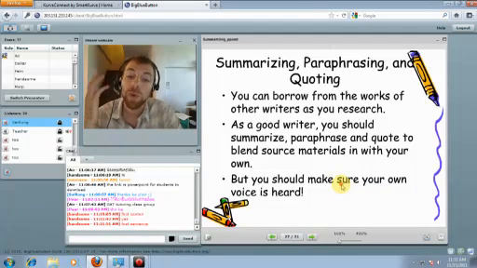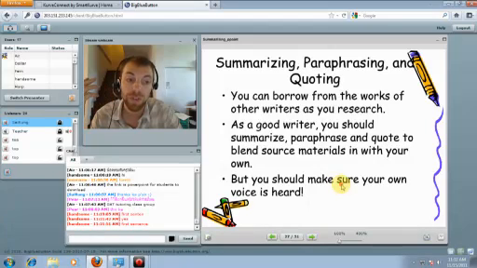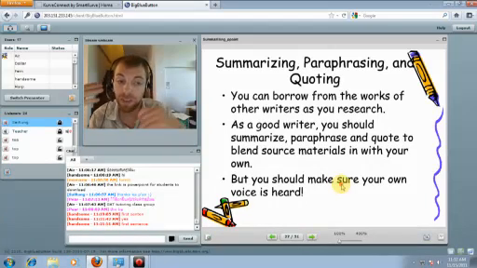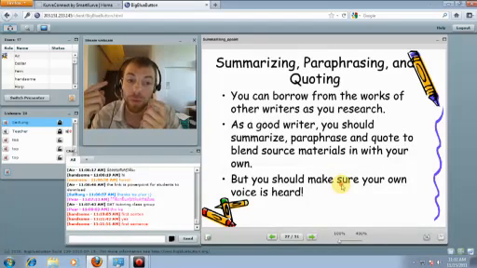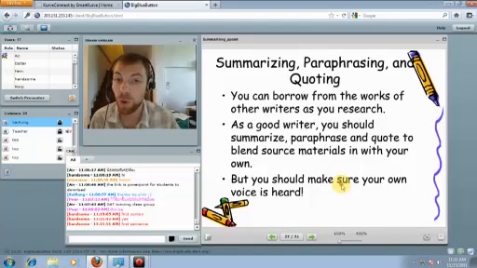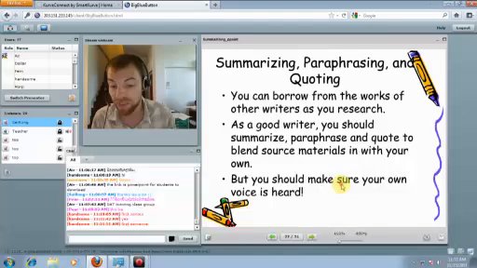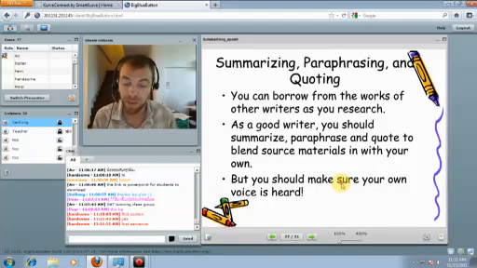So, when you write, it is important to use many other ideas. You want to have facts and things that support your main idea, but you also need to have your own voice. So not only writing down facts, this and this and this, you need to make sure that it's still your idea.